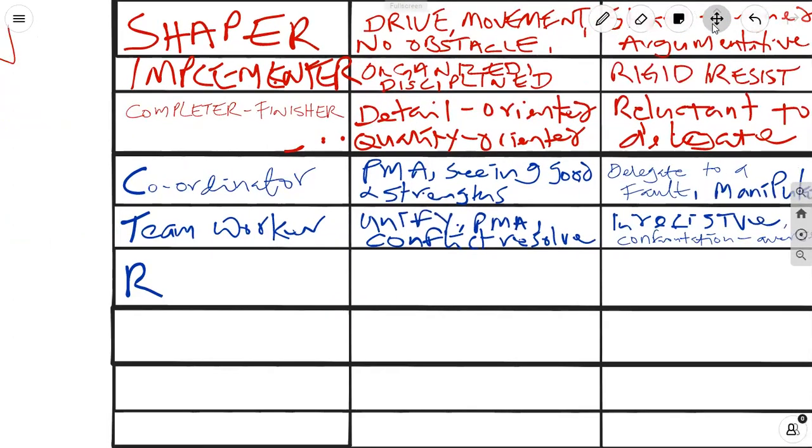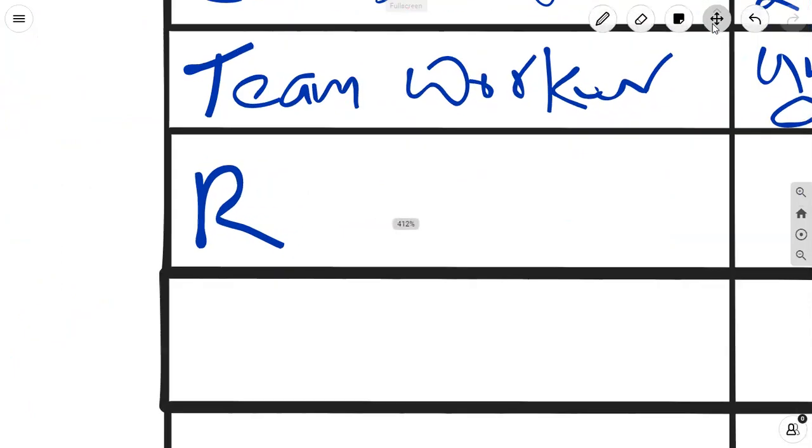And the last one that we have here is a really important one. We call this person a resource investigator. A resource investigator in the wider world of management, I would call this person on an organizational level a boundary spanner.